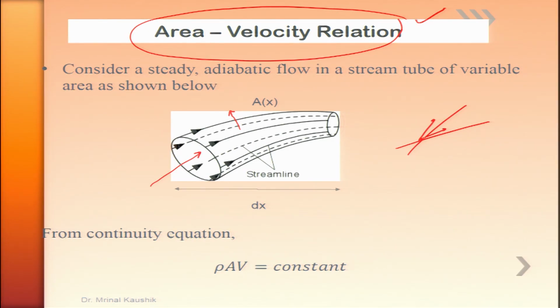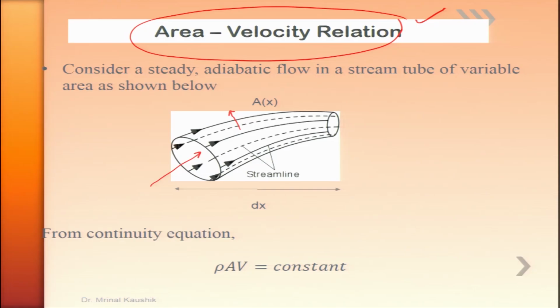That means 2 velocity directions at the same point, which is impossible, and that is why the flow can never cross a streamline. So the streamlines surrounding the flow and forming the stream tube act like a solid surface.